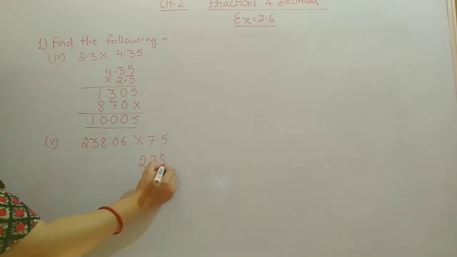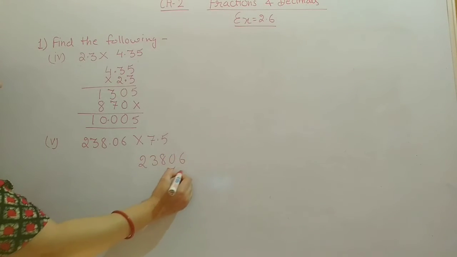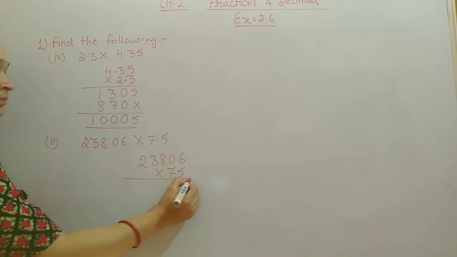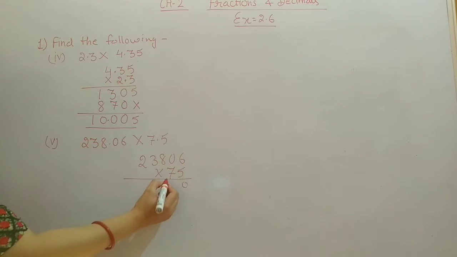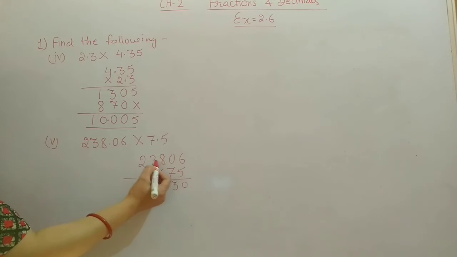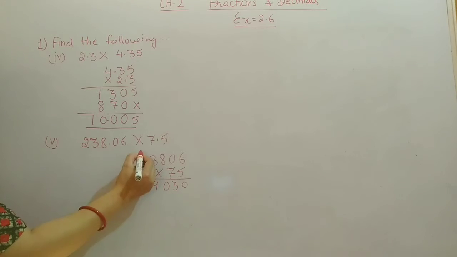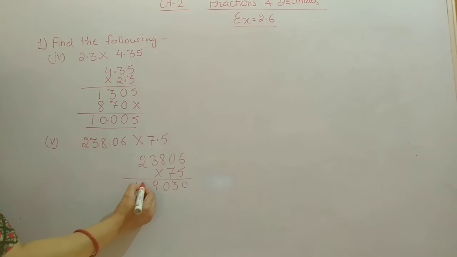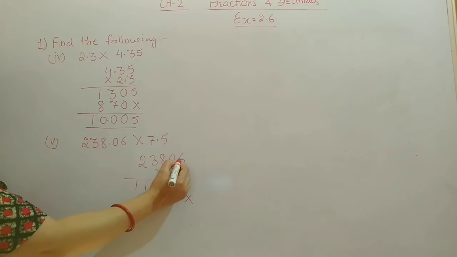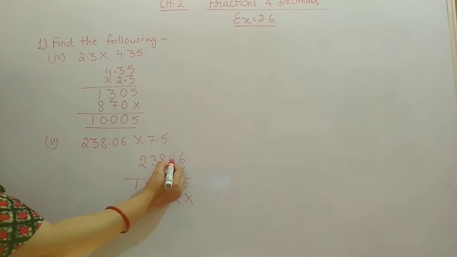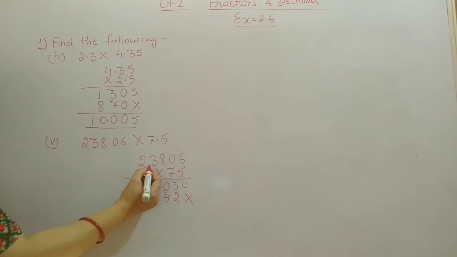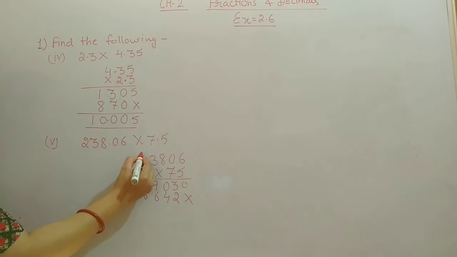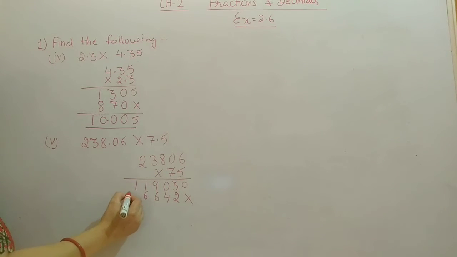So 23806 multiplied by 75. 5 6s are 30, 3 carry over, 5 0s are 0 plus 3, 3. 8 5s are 40, 4 carry over, 8 plus 4 is 15, 19, 1 carry over. 5 into 2 is 10 plus 1, 11. 7 6s are 42. 7 0s are 0 plus 4, 4. 7 8s are 56, 5 carry over, 7 3s are 21 plus 5, 26, and 7 2s are 14 plus 2, 16.